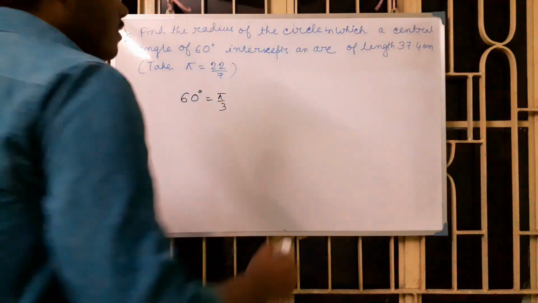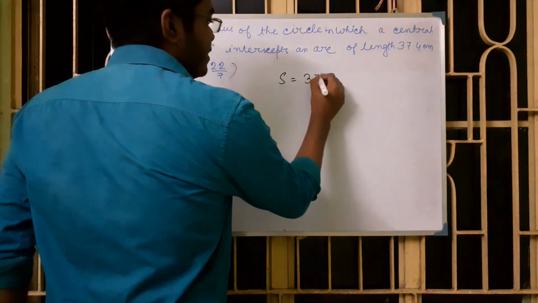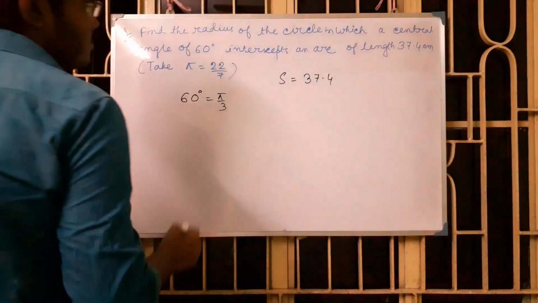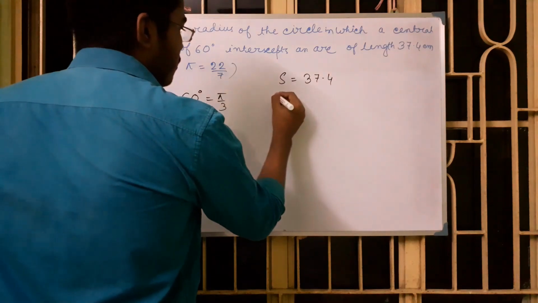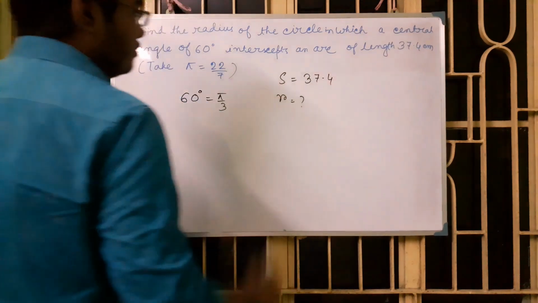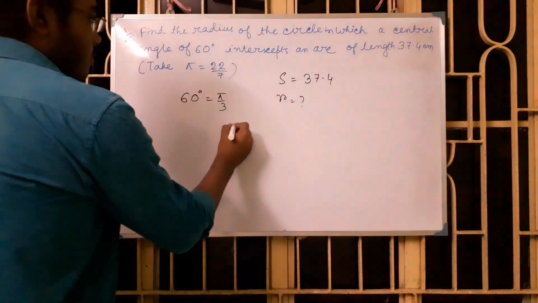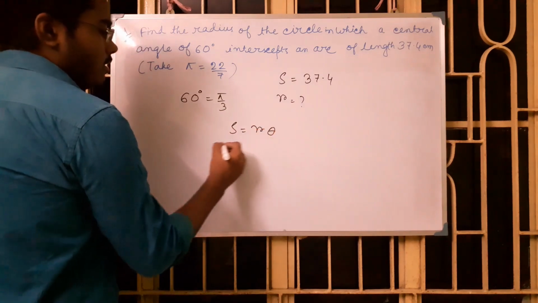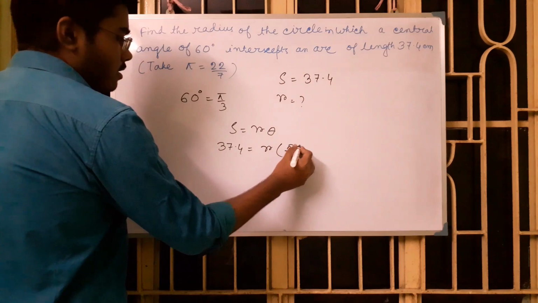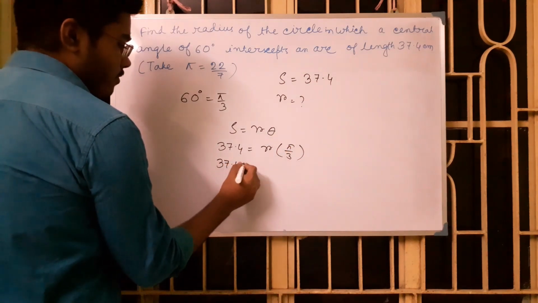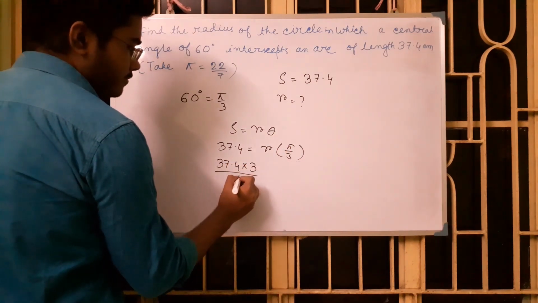Length of arc is given, that means S equal to 37.4. We just have to calculate r equal to what? Now S equal to r theta, S equal to 37.4, theta equal to pi by 3, that means r equals 37.4 into 3 by pi.